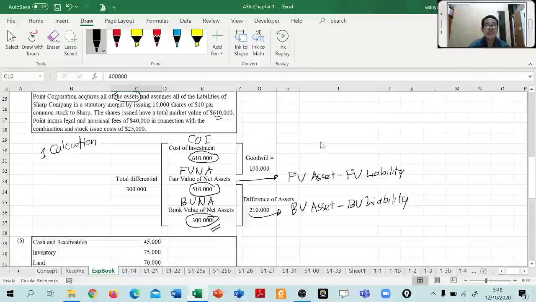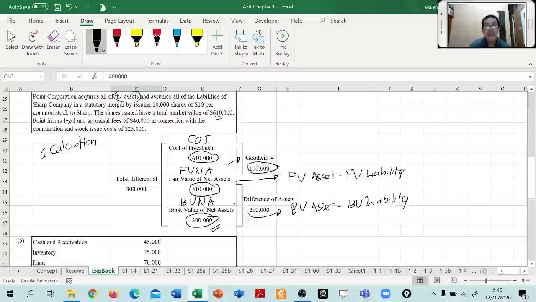Then the difference between cost of investment and fair value of net asset gives goodwill. Goodwill is cost of investment minus fair value of net asset, so we get 100,000.